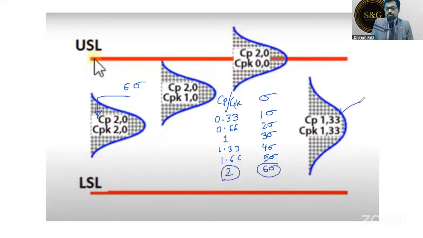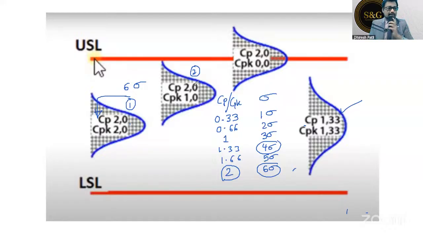This particular process is a 4 sigma process because the Cpk value is 1.33. This particular process, this one, the second one. So the first one is a 6 sigma process. Second one is, how much sigma process is the second one?